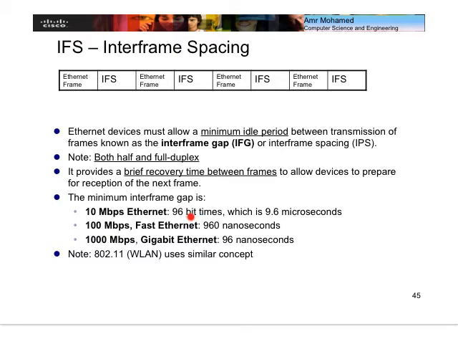The bit time is the duration of one cycle of the clock that you use for the different speeds of Ethernet. For example, if you have 10 megabits per second, this means that you can send 10 times 10 to the power 6 bits in 1 second.